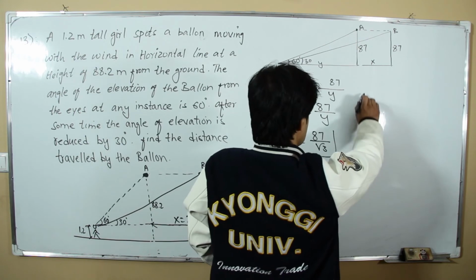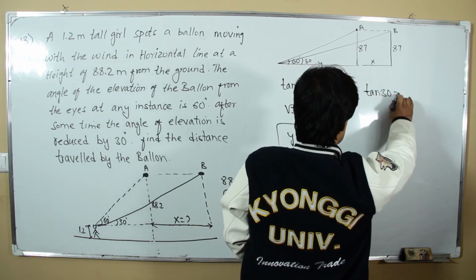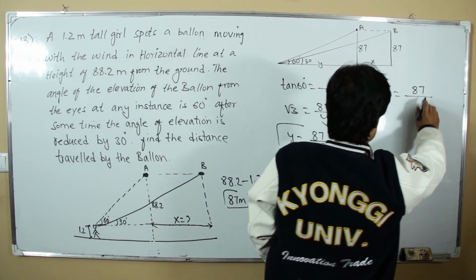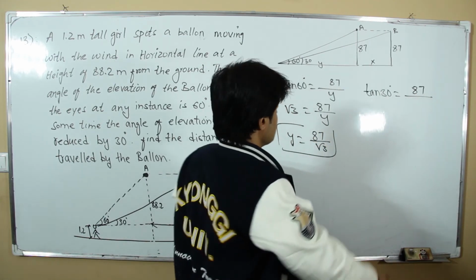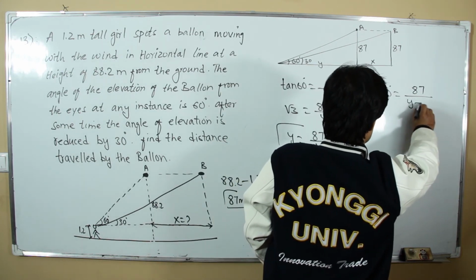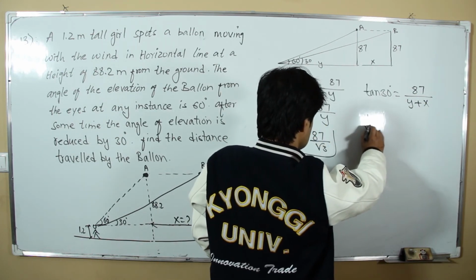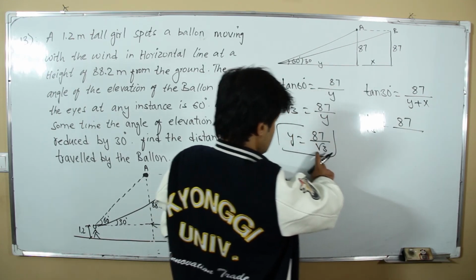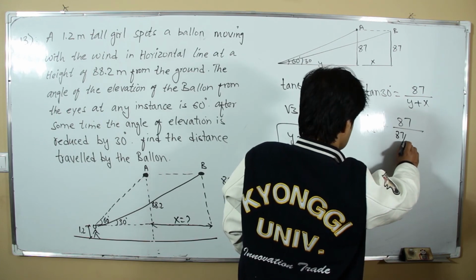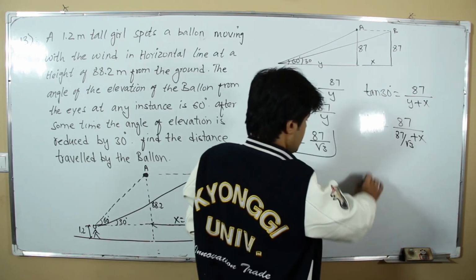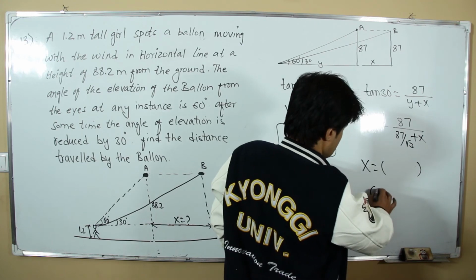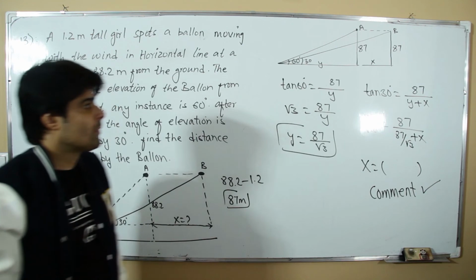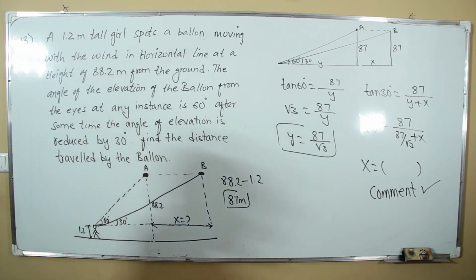Now, once again, come to the definition of tangent of 30 degrees. It is opposite 87 divided by adjacent, which is y plus x. This one is 1 divided by root 3, 87, instead of y, 87 divided by root 3 plus x. Please, you have to solve and comment your answers. I think you have got it. Write it, please.